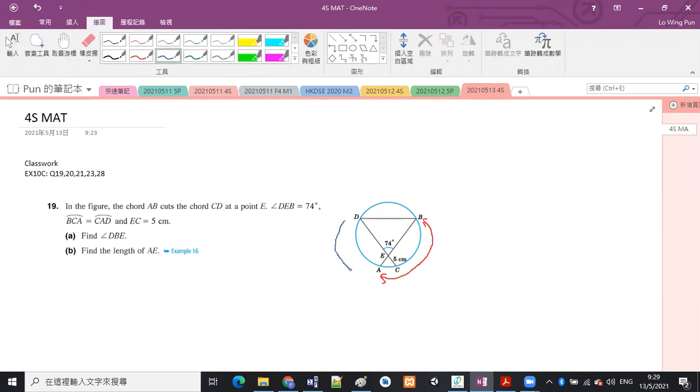So be careful that there is a common part between the two equal arcs. And then the length of EC is 5 cm. And the question asks you to find the angle DBE. That is this angle.